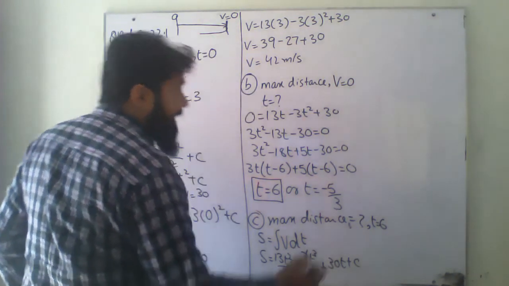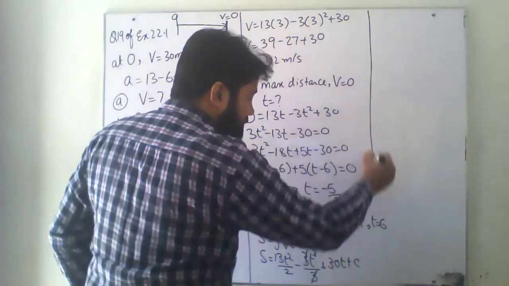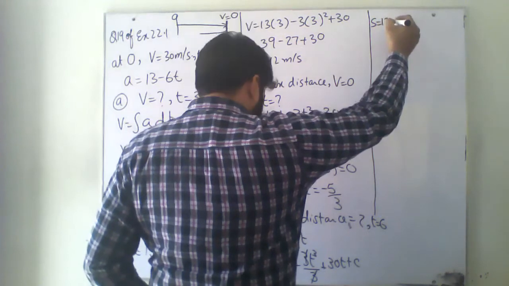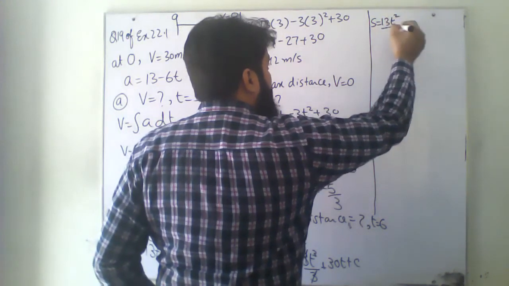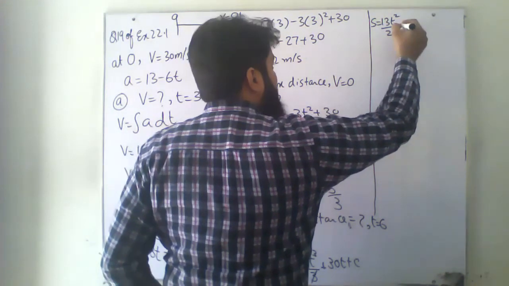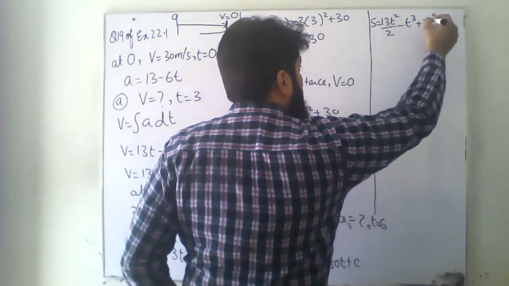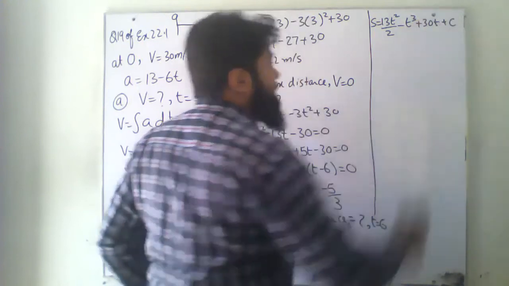This and this will be cancelled. So s equals to 13t square over 2 minus t cube plus 30t plus c.